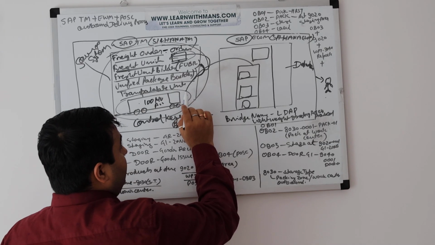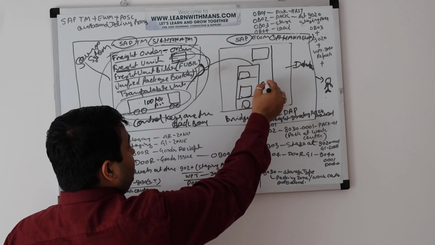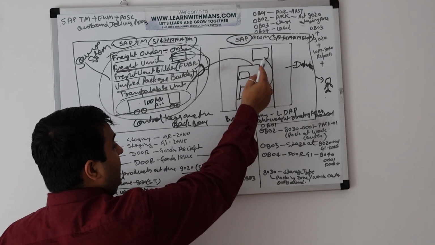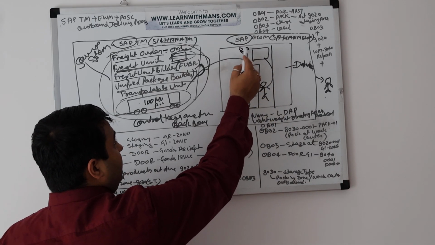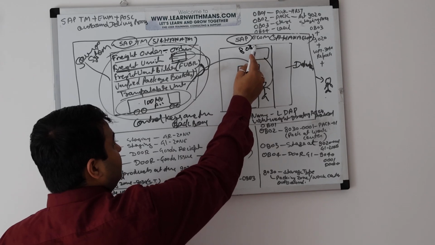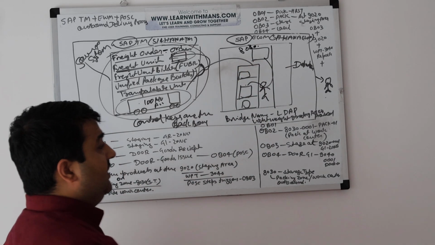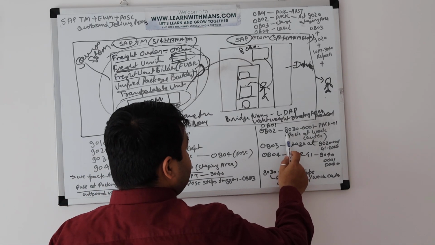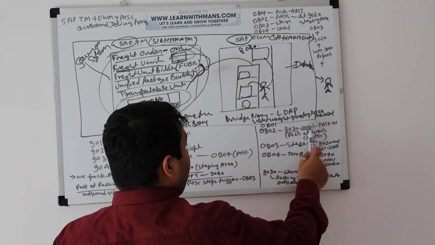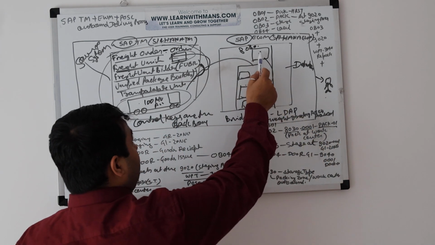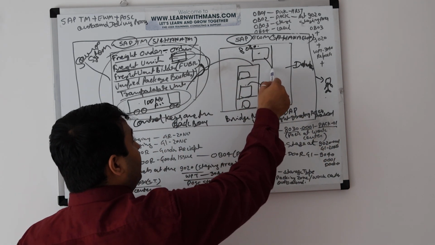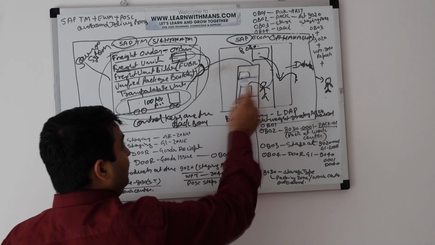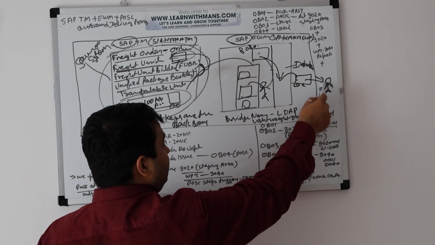Our warehouse workers will pick the product from here and bring it to the work center here. 8030 is the standard work center number for the packing zone, and see here, I mentioned 8030 0001 pack 01. We perform the packing here, then we load it to the transportable unit, the truck, and we send the goods to the customer.